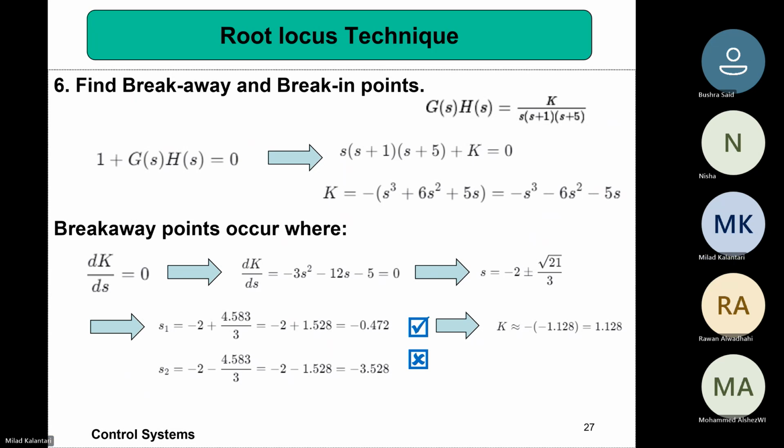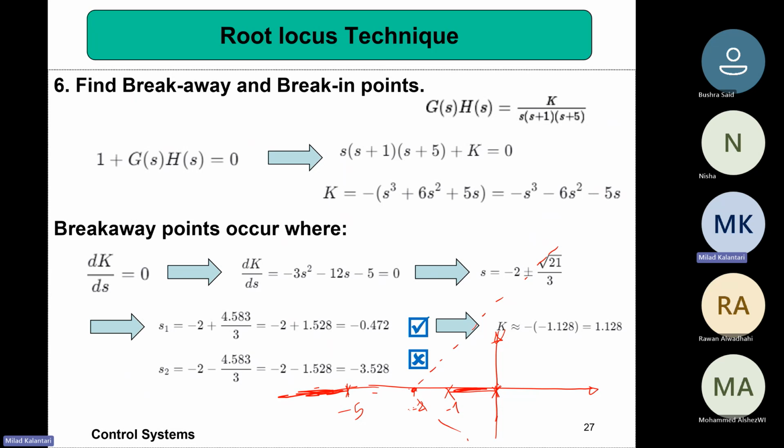We want to actually find the... let me summarize this so far. We have one root here, and one root here, right? We know that this area is the root location, and here was one negative 5. We know that the centroid of the asymptotes is at -2, and they are supposed to look like this, right? So far.